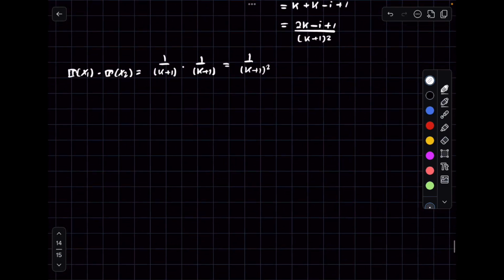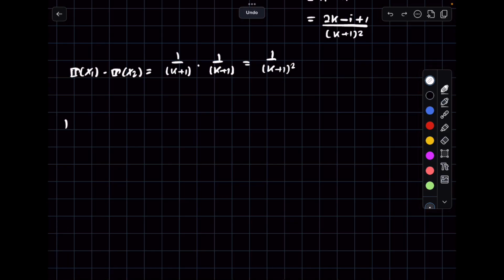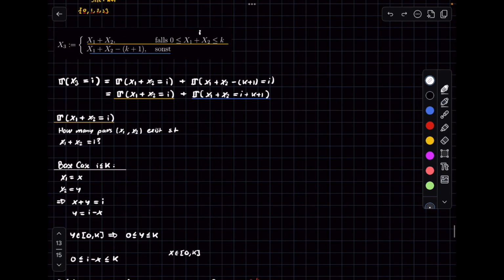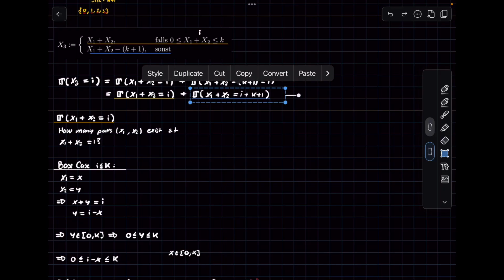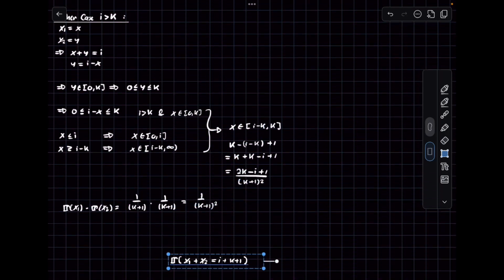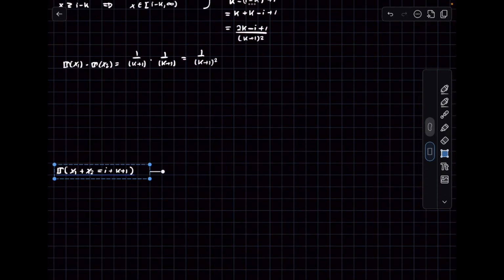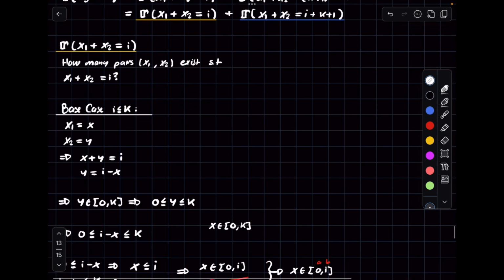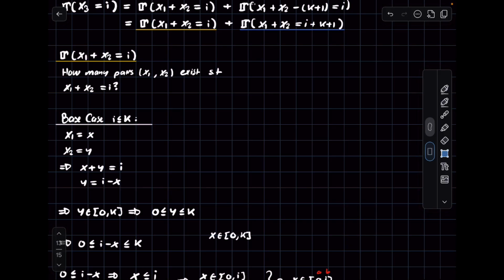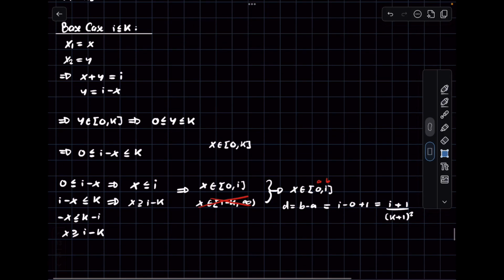So the blue case, we can do base case. Okay, let's just copy the blue case. Again, let's rewrite what the orange case is before we go with the blue case.